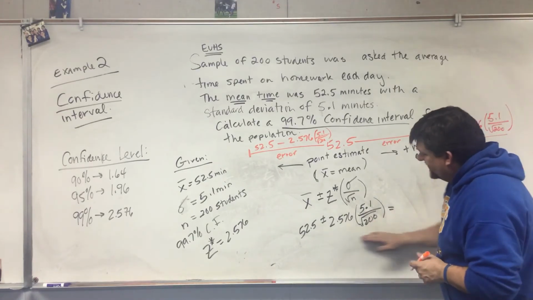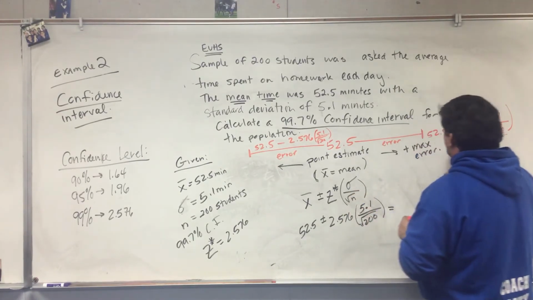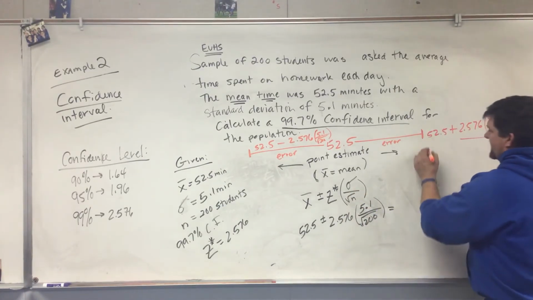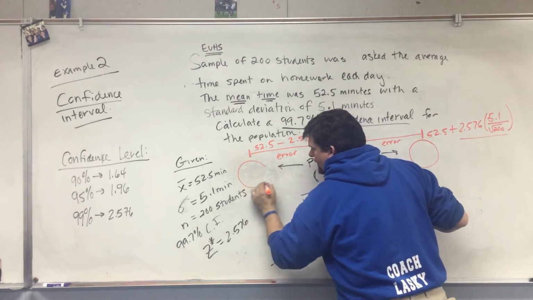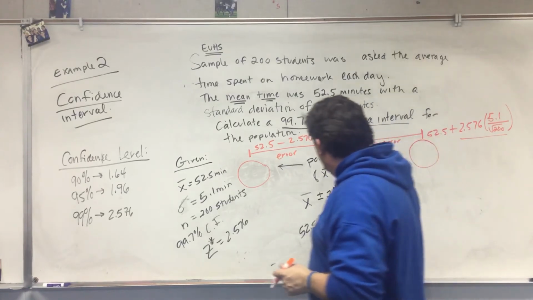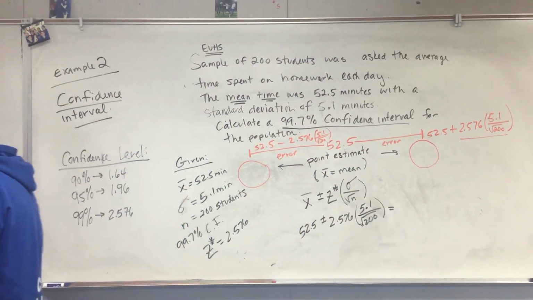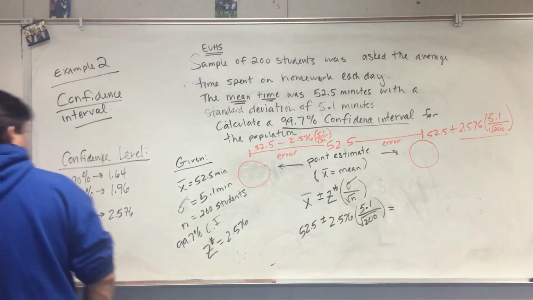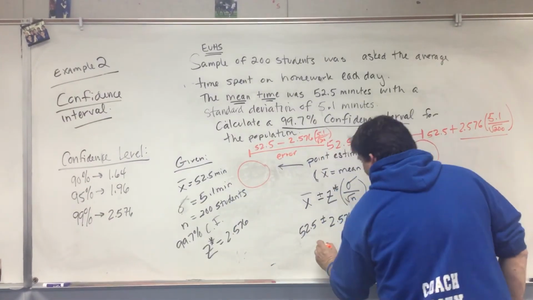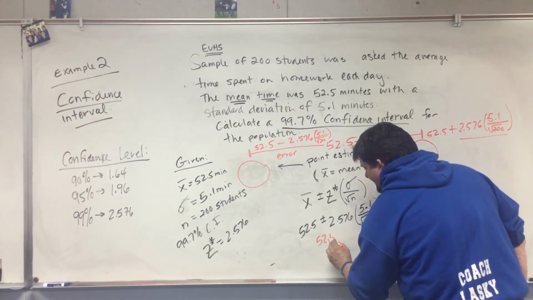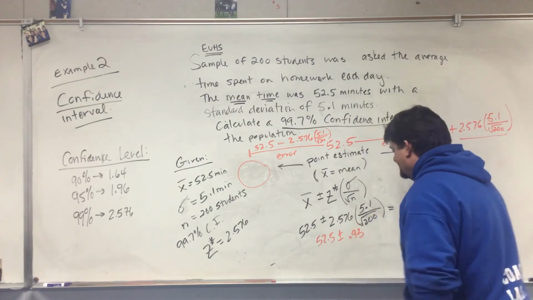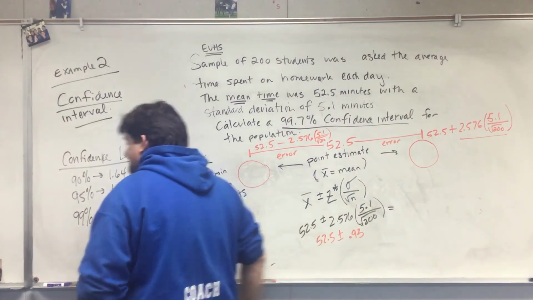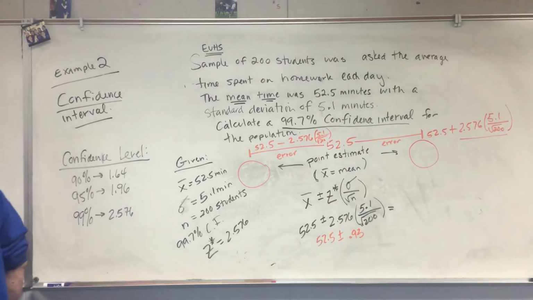So if we do those, we're going to come up with two numbers, a number here and a number here. When we add or subtract those, what we get is 52.5 plus or minus 0.93. So if I do the math for this, I get 0.93.